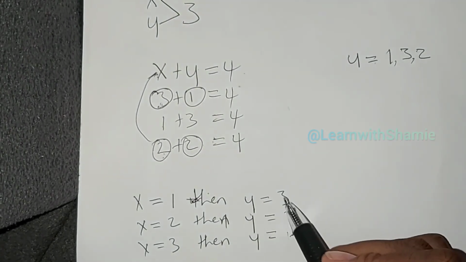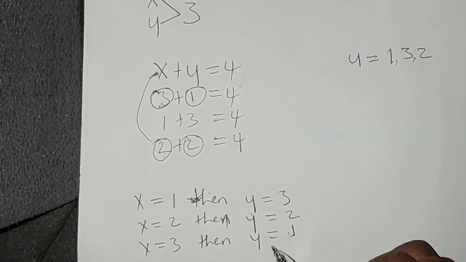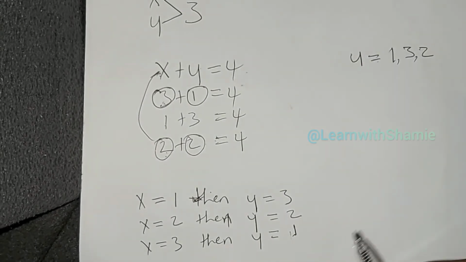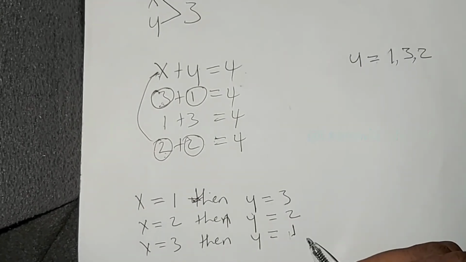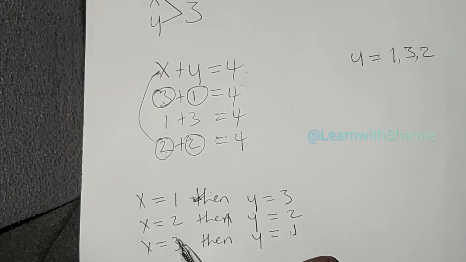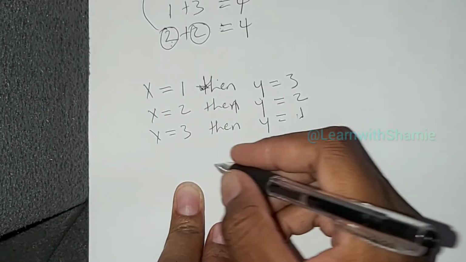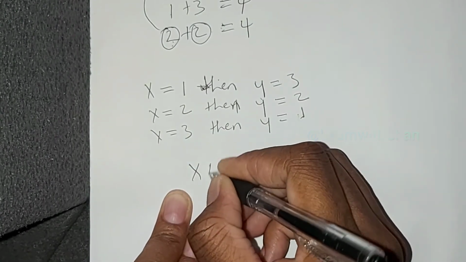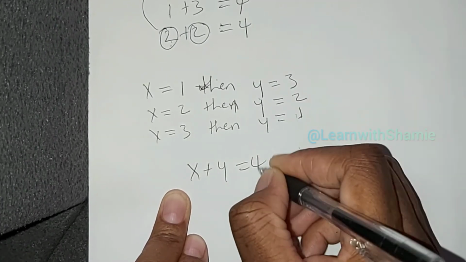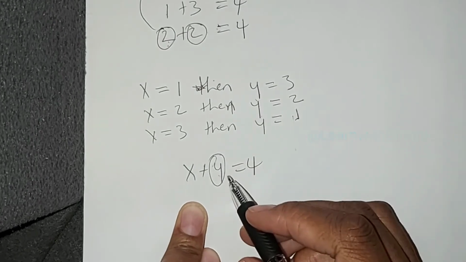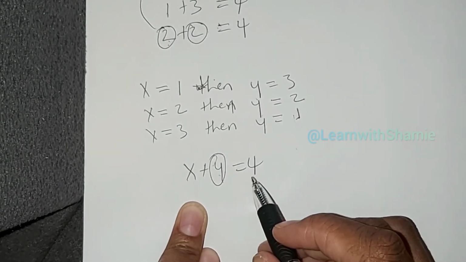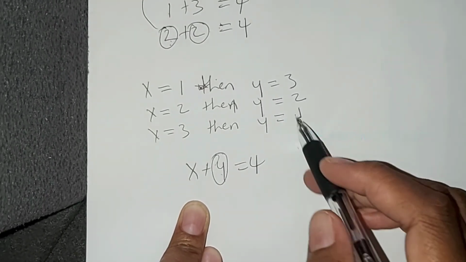So y can't have two different values at the same time, but its value can change over time if the value of x changes. So in the equation x plus y equals 4, y would be the variable because its value can change or vary.